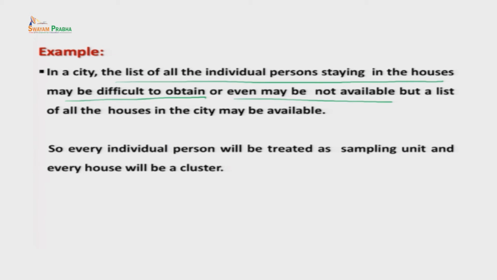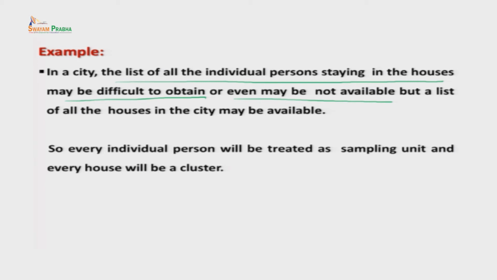On the other hand, if I ask you that instead of compiling the list of all the people who are staying in those 5,000 houses, can you prepare a list of those houses? That is easier. For example, you might know that every colony has, suppose, 100 houses. So, colony number 1 will have 100 houses, colony number 2 will have 100 houses, and so on.